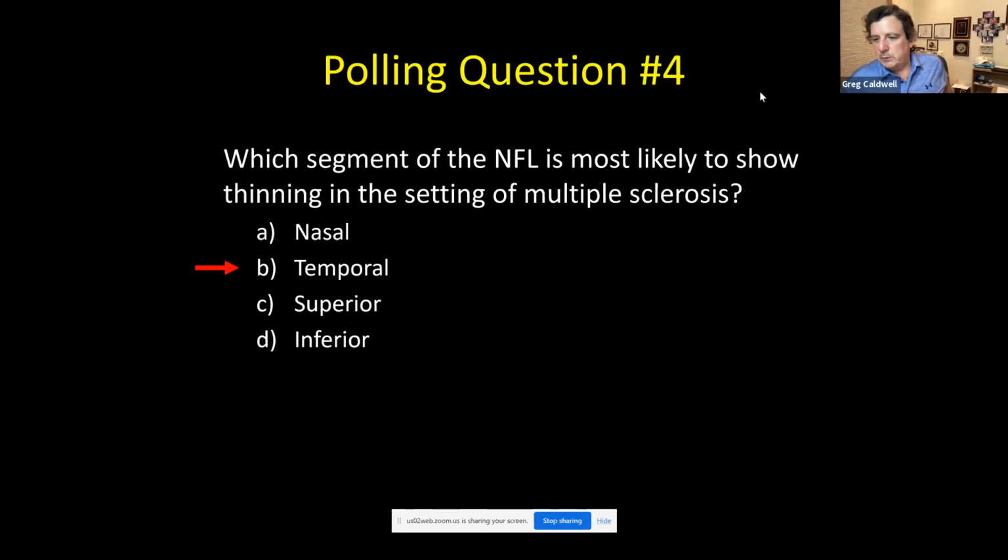So there's a question that rolled in here. It says, will thinning on OCT of an MS patient change the patient's therapy with the neurologist? Yeah, that's a great question. As a general rule, it depends.